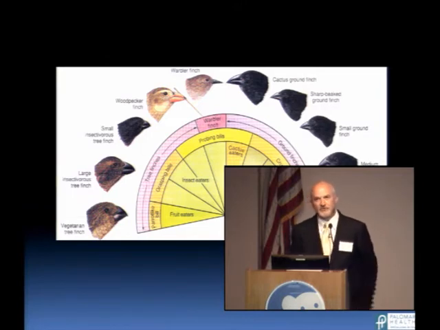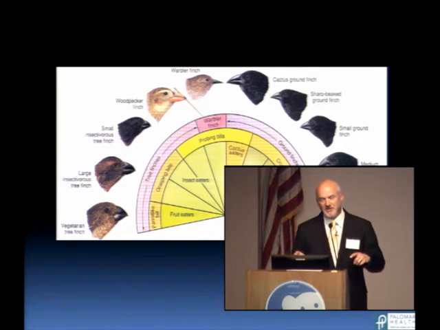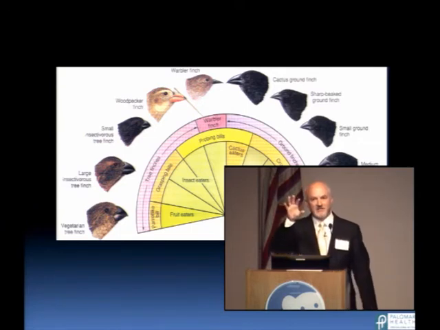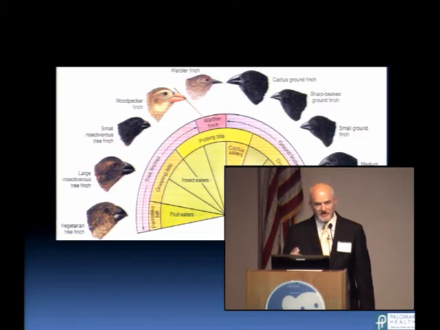Adaptive radiation refers to the evolution of diversity in a rapidly multiplying lineage of animal from a single ancestor, the idea being that the various birds all came from a single ancestor, but over time the beaks evolved to allow them to take advantage of the resources of the island on which they found themselves.